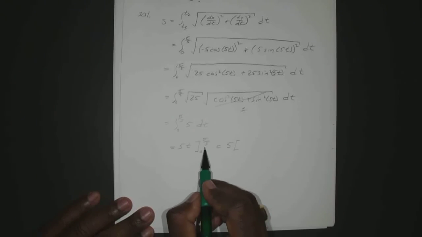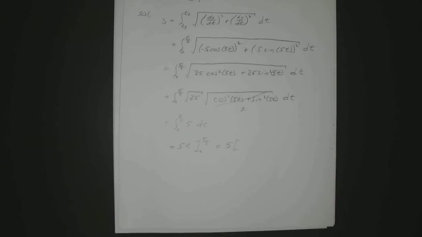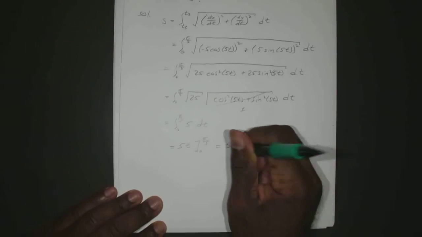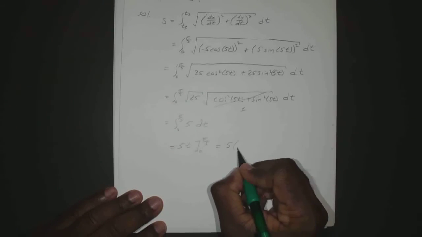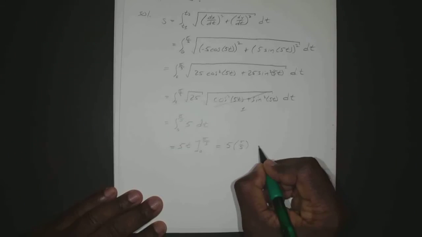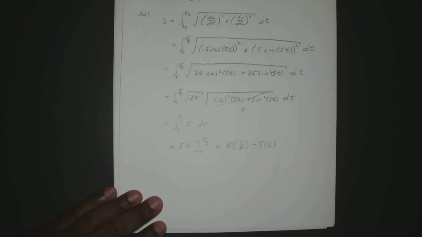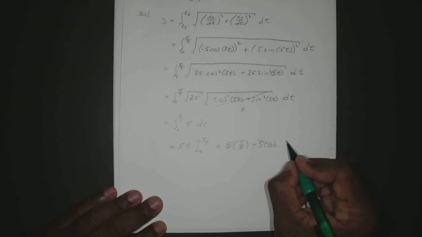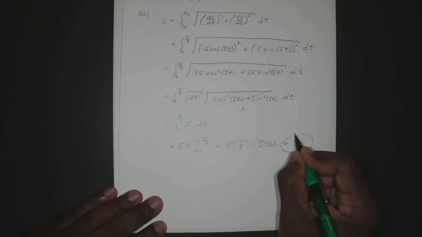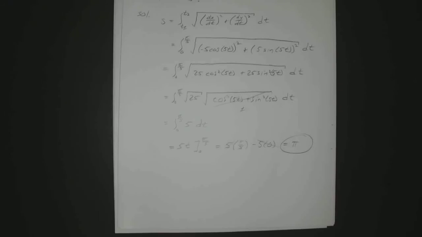Which is 5 times pi over 5 minus 5 times 0. So those cancel out, and that just becomes 0. So we're left with pi. So whenever you see a parametric equation with sine and cosine, you want to look for that little trick.